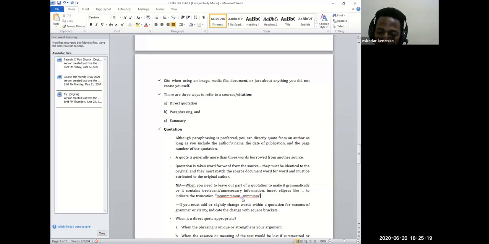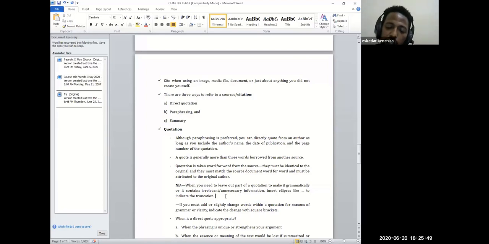You can leave out words for different reasons: if it is grammatically incorrect, or if it has no use for you, you can avoid it. But make sure that you include it under quotation marks, and you have to include the ellipsis, the three dots. This is one way of making a direct quote.